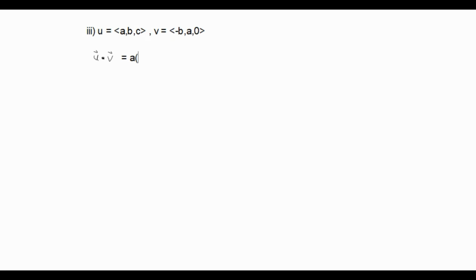The dot product gives us -ab plus ab plus 0.